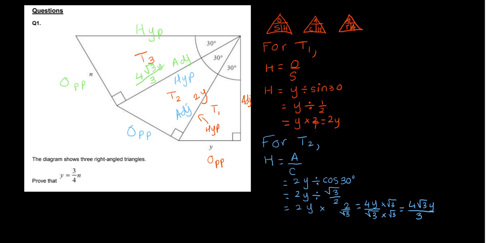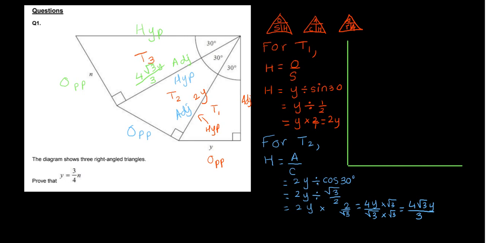So I've got the opposite and I have the adjacent. So I look at my three trigonometric ratios, and it's going to be tan, which uses opposite and adjacent. There's not much space on here, so I'm going to split it up, and I'm going to do the last bit in green. Hopefully I can fit it in this space.